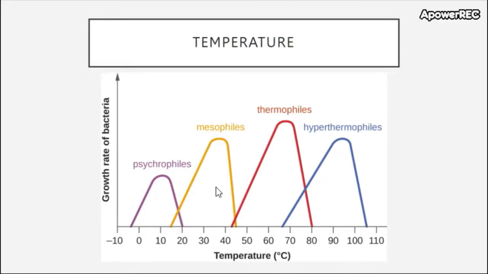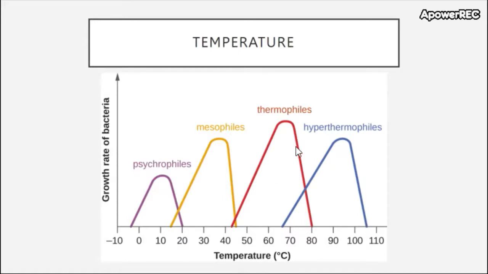So we often refrigerate our food in order to reduce the growth of mesophiles, but we're not going to fully stop some things like psychrophiles. We might slow them down a little bit in food refrigeration, but we're not going to fully prevent them.